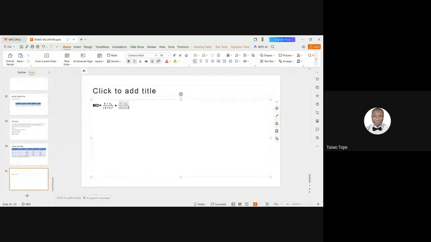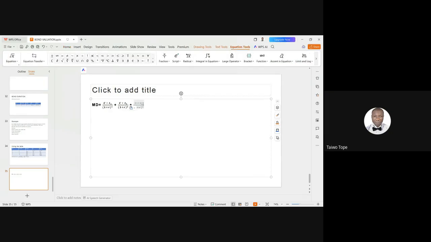Then I have this to the power of 2, plus, let me round it up, the last period, the redemption year, which will now be your coupon plus the redemption value, multiplied by Tn, over 1 plus R to the power of N.